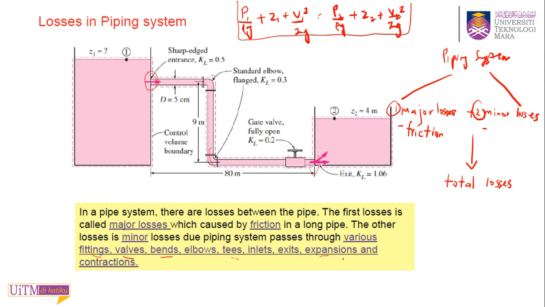Expansion, if you have 2 different sizes of pipe, one smaller and another bigger, you have expansion losses here. And contraction, when your 2 pipes are of different size and the flow goes from the bigger size to a smaller size, you will have contraction losses here. So that's expansions and contractions.